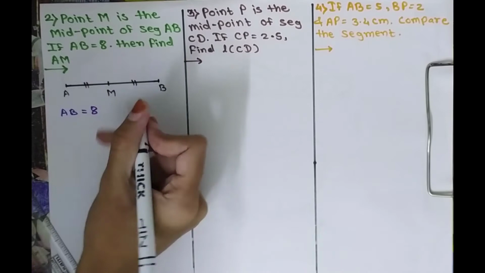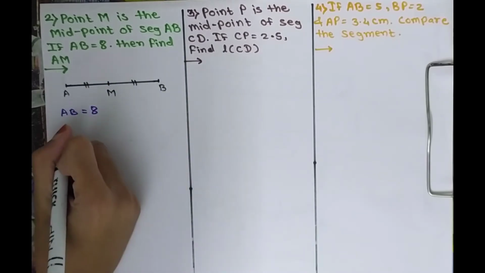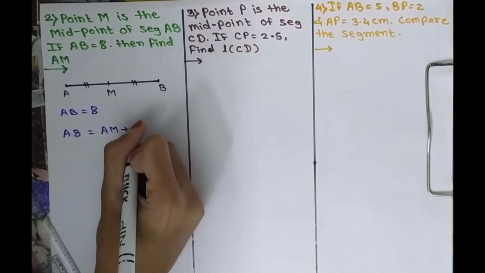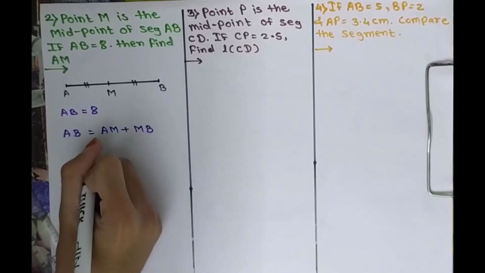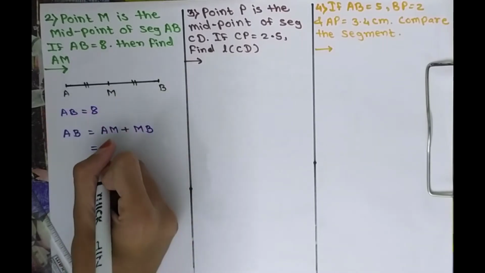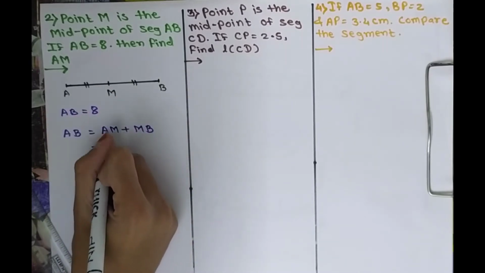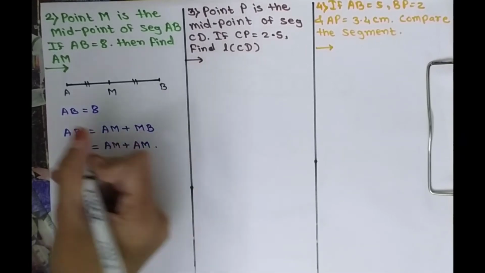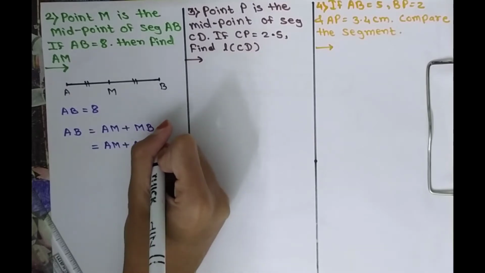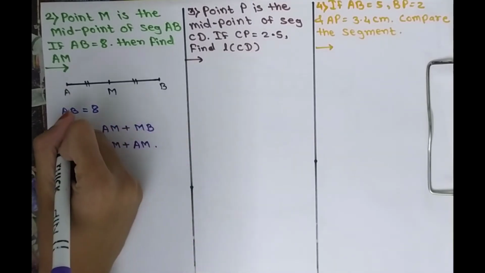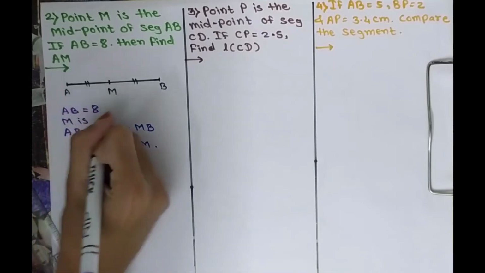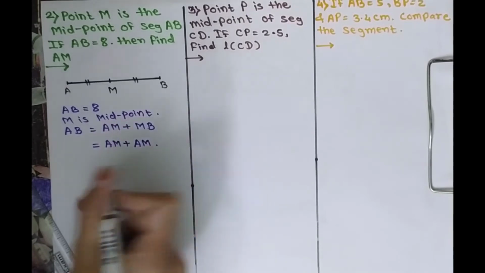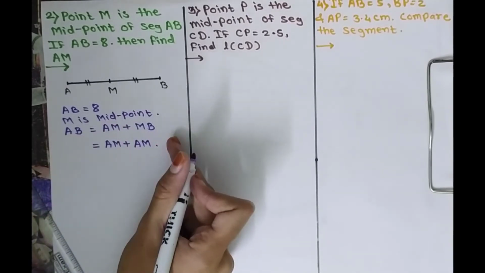Then find AM. Now look, AB is equal to AM plus MB. But AM and MB are both the same, so we write this as AM plus AM. Since M is the midpoint, AB is equal to AM plus MB.